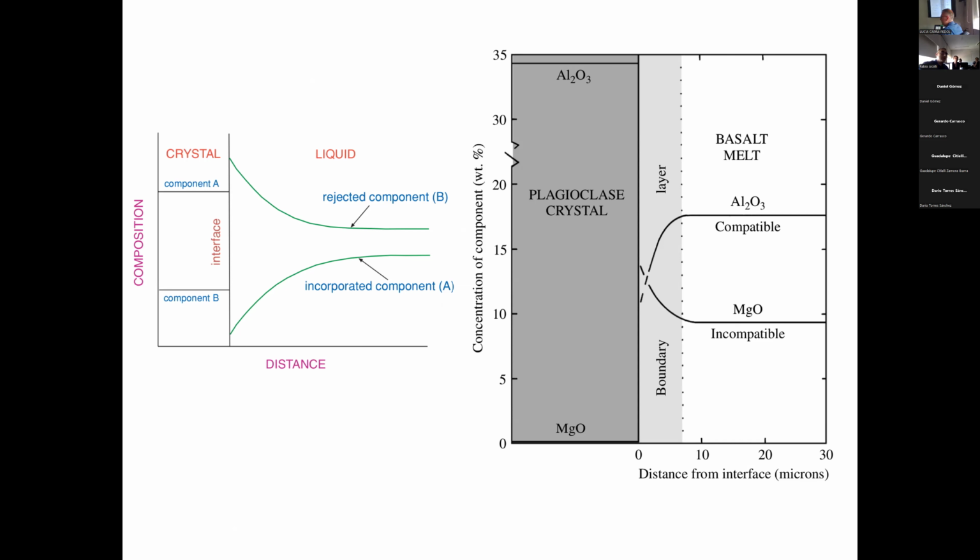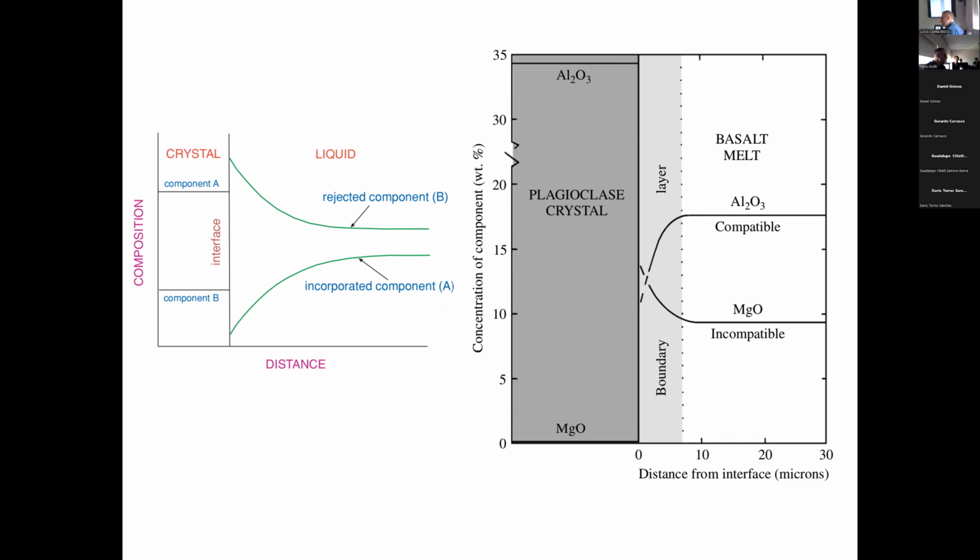At the end of the day, if you do that with all your elements, trace and major elements, you will have a boundary layer that will be enriched in incompatible elements. This will stop the growth, so that when you reach the equilibrium.